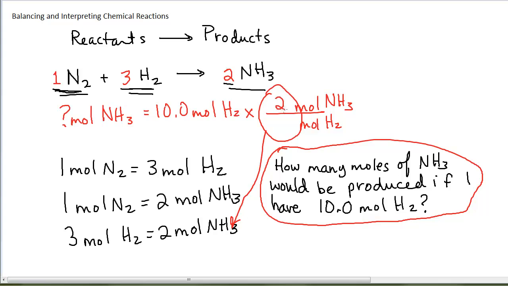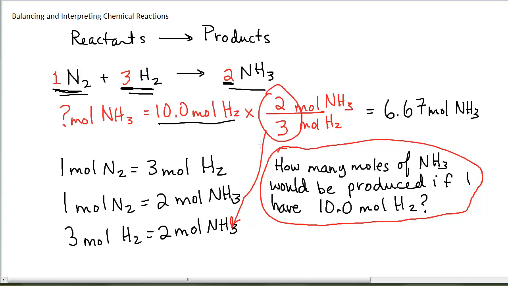There are 2 moles of ammonia for every 3 moles of hydrogen. I don't have to write it out every time because all I have to do is look at the reaction. The 2 goes in front of the ammonia, the 3 goes in front of the hydrogen, and all I have left to do is to punch it in my calculator and round it to 3 sig figs. So I would be able to produce 6.66 moles of ammonia starting with 10 moles of hydrogen.